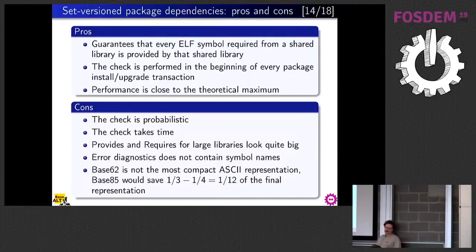But at the same time, the check is still probabilistic, but you can control this. You can choose the rate that is acceptable for you. Anyway, it takes time, so no matter how fast it is, it will be longer than no check at all.